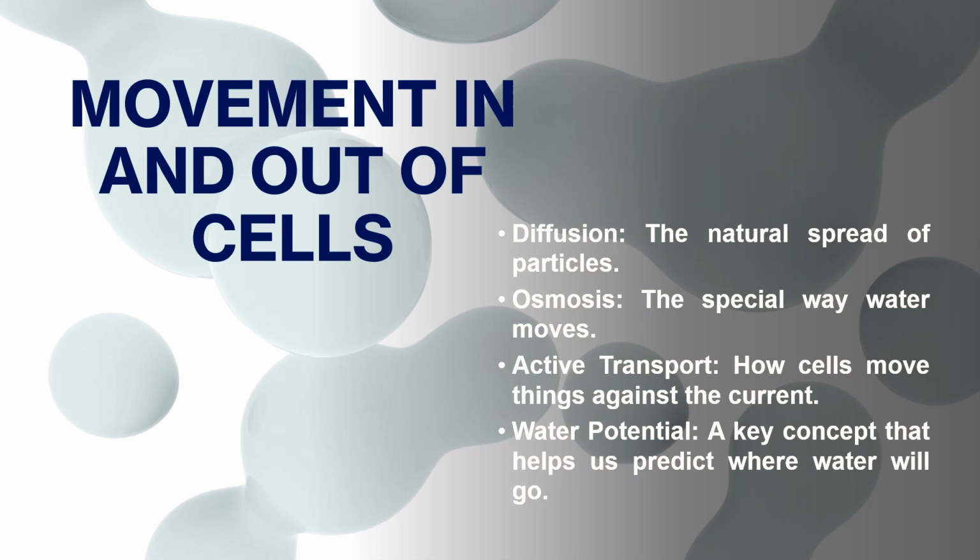And the fourth one is water potential, which is a key concept that will help us predict where water will go. So by the end of this session, you will be able to explain exactly how cells breathe and eat at a microscopic level. We shall break down this chapter into 2 or 3 sessions, okay, to make you understand quite efficiently about all these four concepts. Okay, so let's get started.